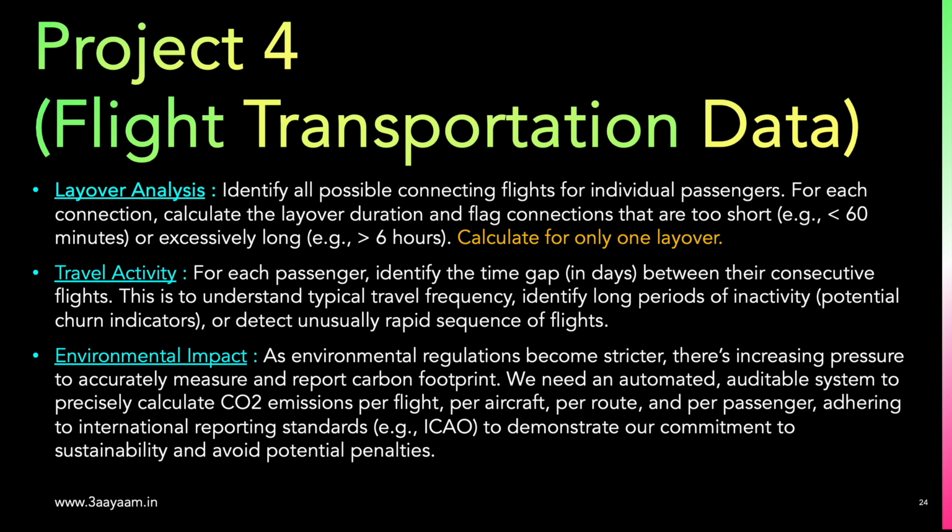So you'll have to adhere to the international reporting standards to demonstrate the commitment to sustainability and avoid potential penalties. As you might already know, there are carbon penalties throughout the globe because of global warming. So that's why you are doing this environmental analysis.